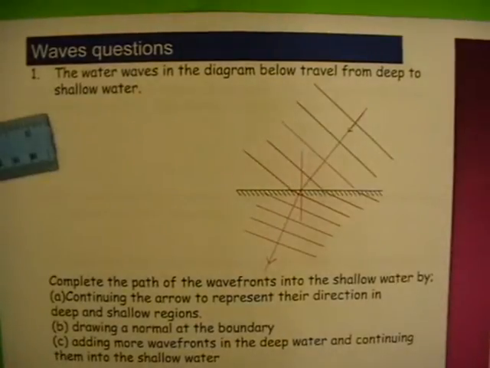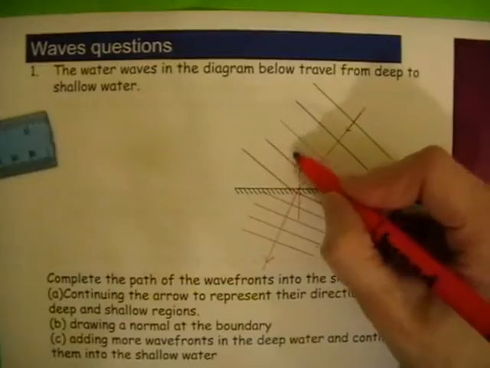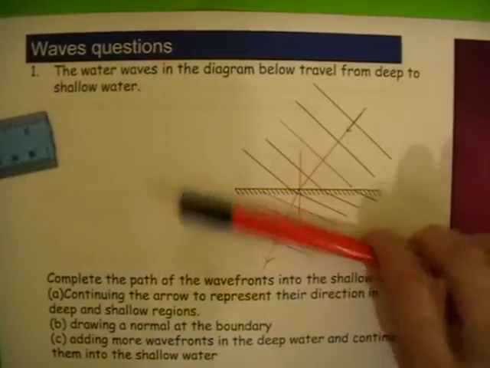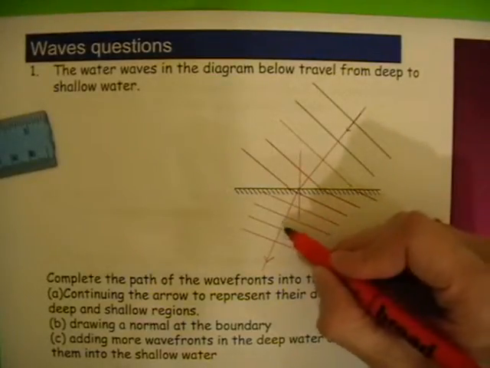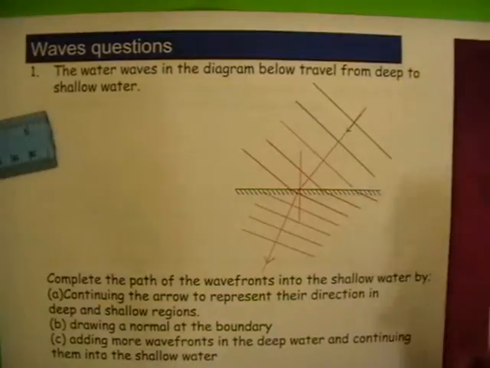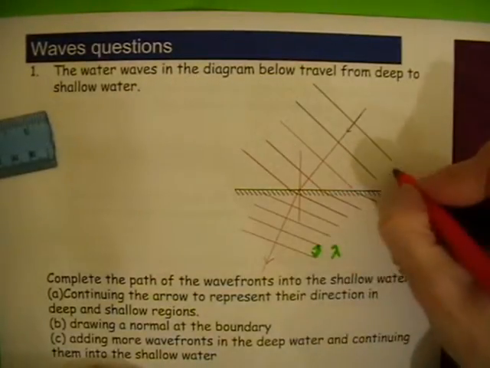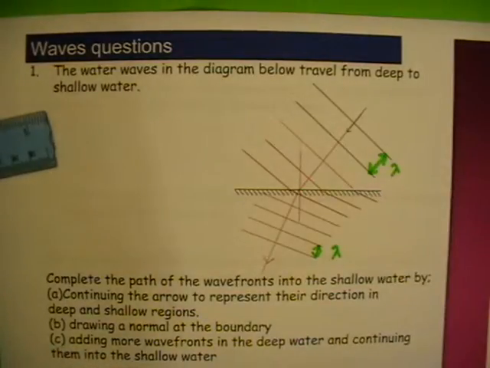So what you have there is your new ray. We've drawn a few more wavefronts and joined them up at the boundary, making sure that these new wavefronts in the water are at right angles to the ray that we drew, and they're closer together. So lambda is that, whereas lambda up here is much bigger. And that's continuing your diagram.